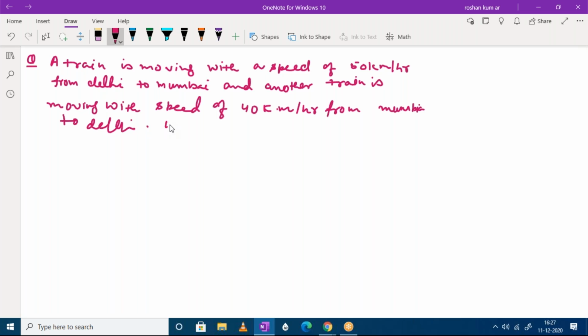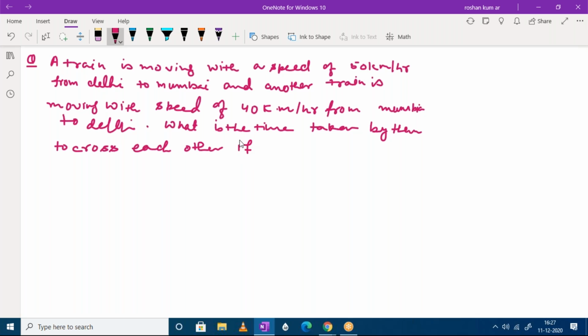So the question looks like this: what is the time taken by them to cross each other if the distance between them is 450 kilometer? That's all.